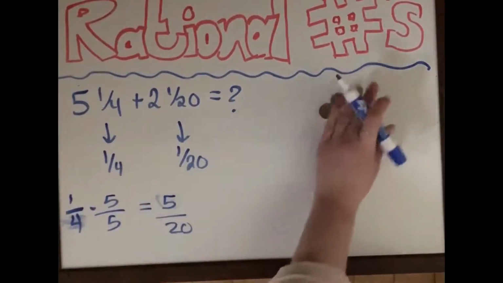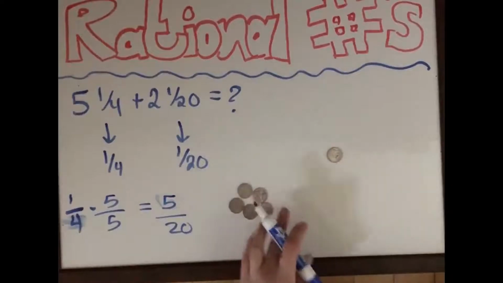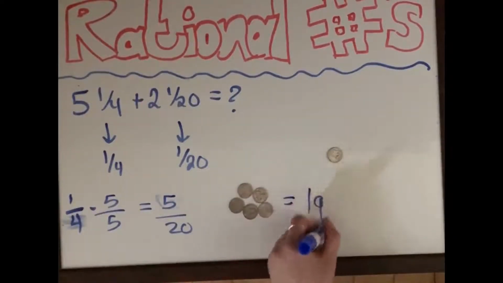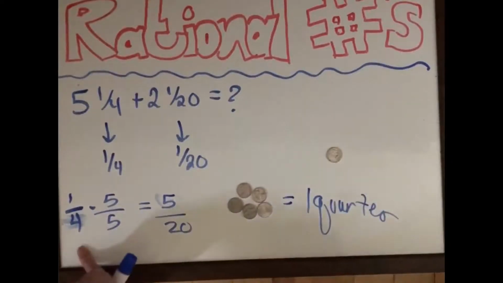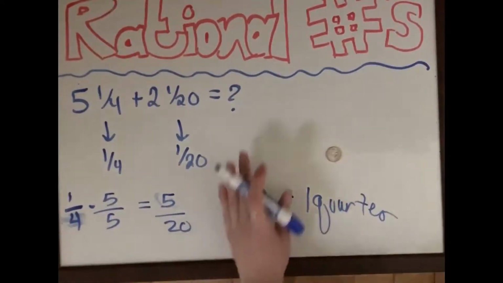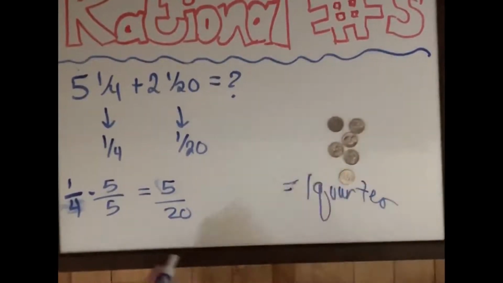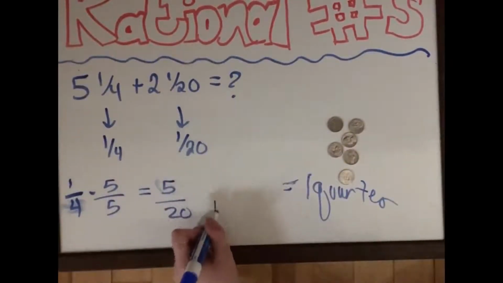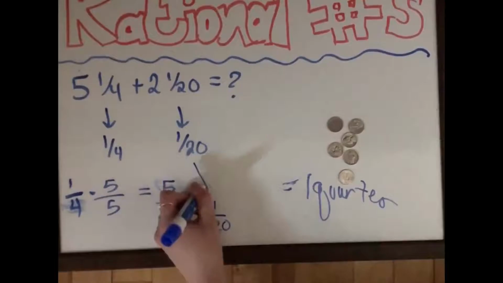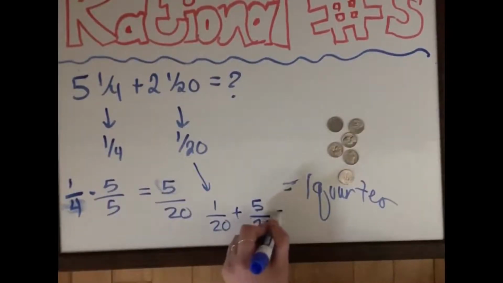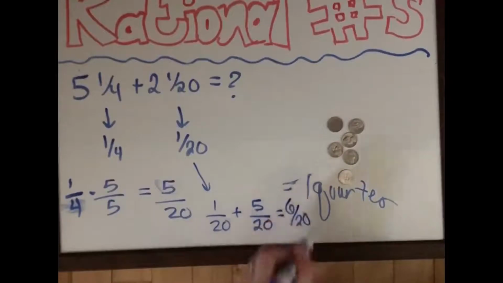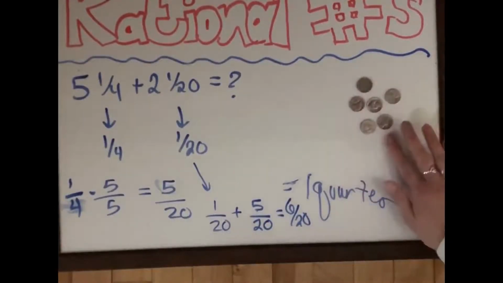We have 5 nickels that equal 1/4. So 1/4 is equivalent to 5/20. Now once all the bottoms are the same, we can do 1/20 plus the 1/4, which is 5/20, equals 6/20. And that equals 30 cents.